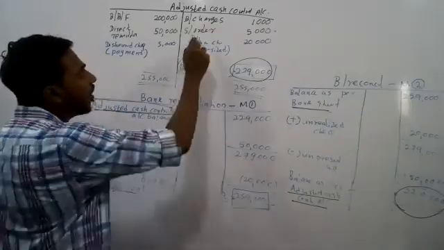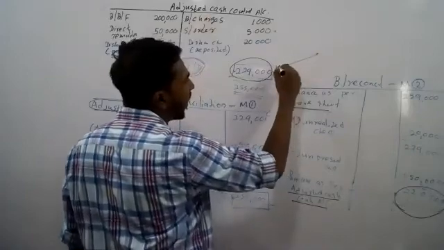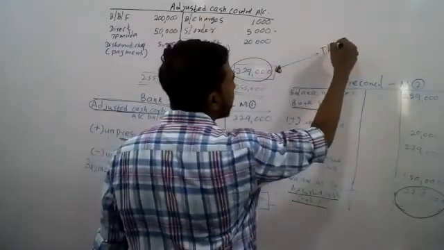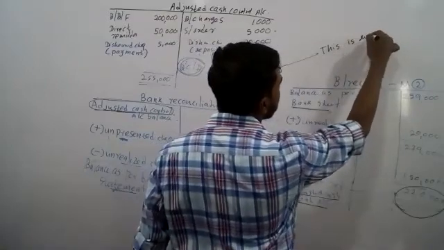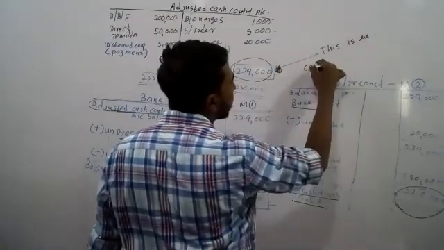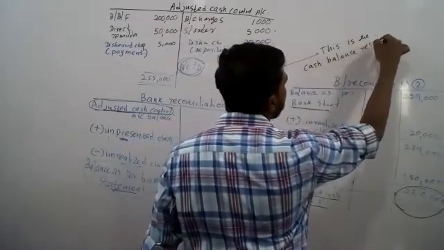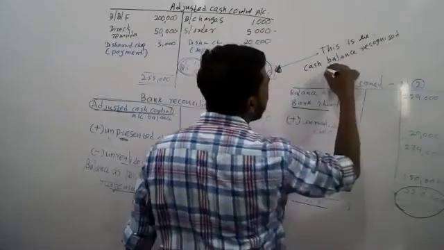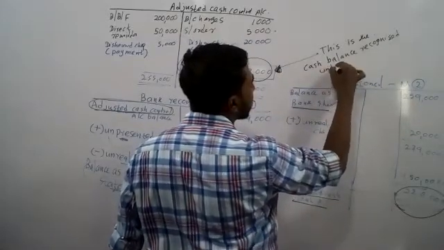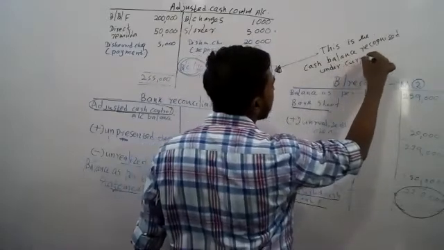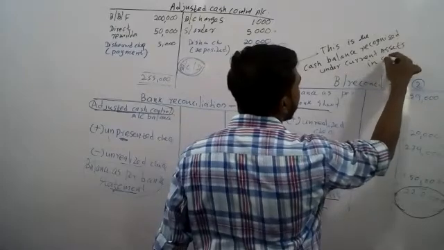If you want to calculate the adjusted cash control account, this is the cash balance recognized under current assets in Excel.